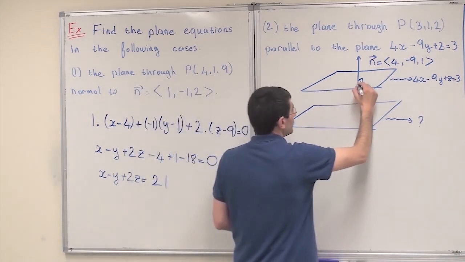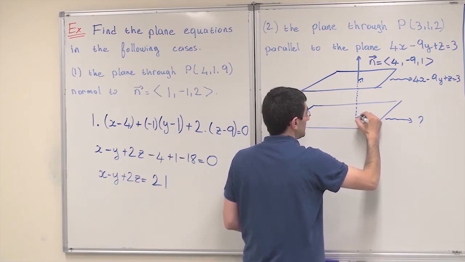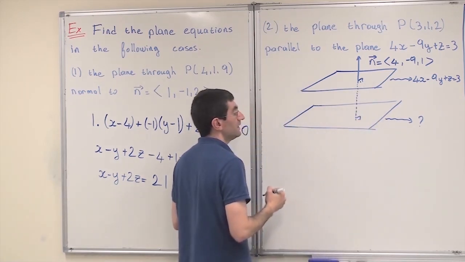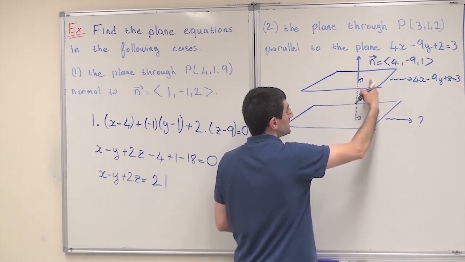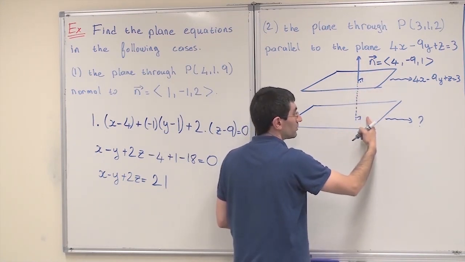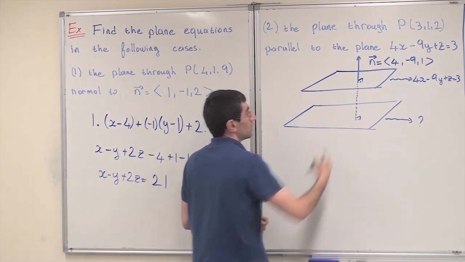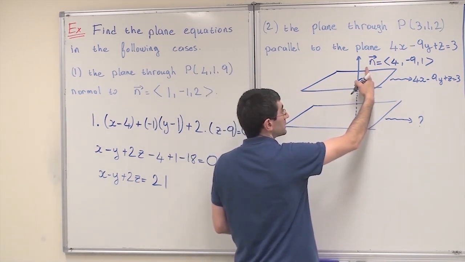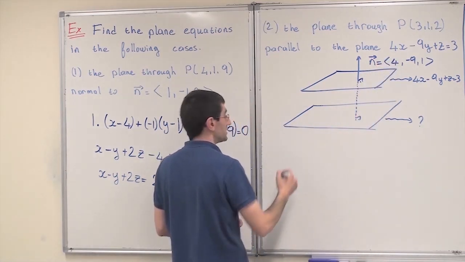Using the fact that these two planes are parallel, I can also say that this normal vector is also a normal vector of the plane that we are looking for. So I can use in my calculations the normal vector of the plane given in the question.